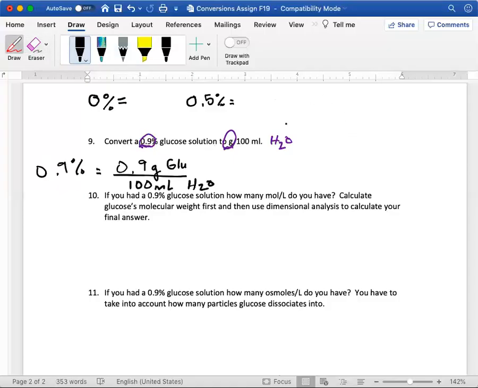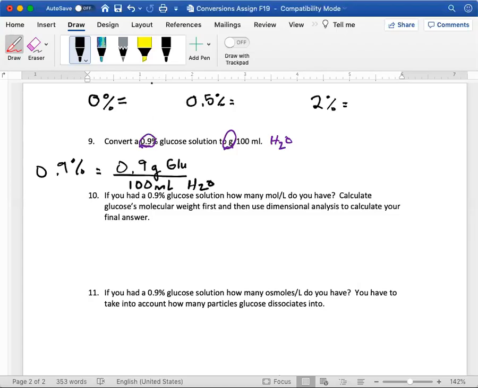Let's do 2%. Okay, so pause the recording now. I want you to work through these. You're converting them from percent to grams per 100 mil. And then once you've done it, go back and start the recording, and I'll go over how to solve this. Okay, so pause it now.